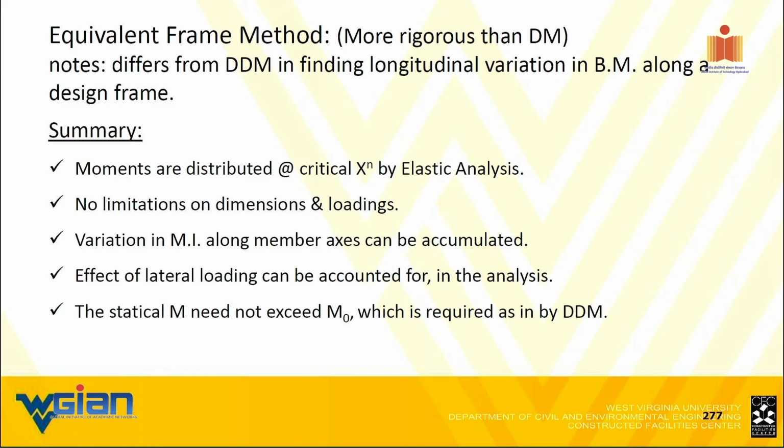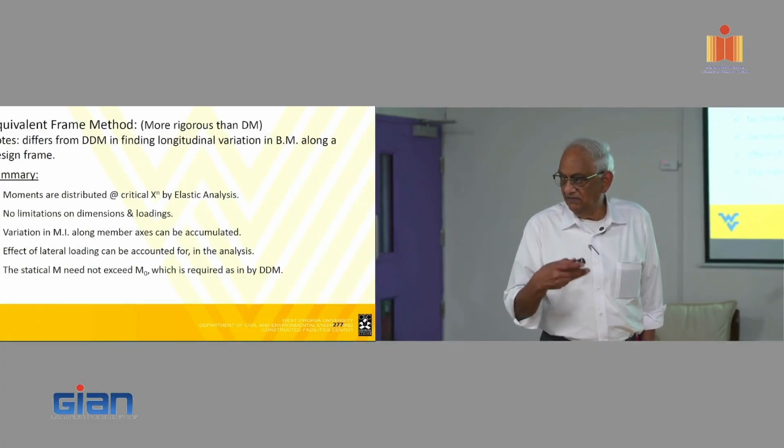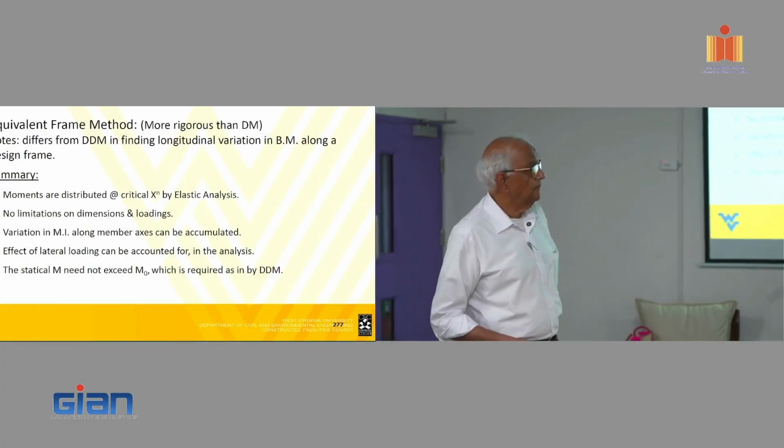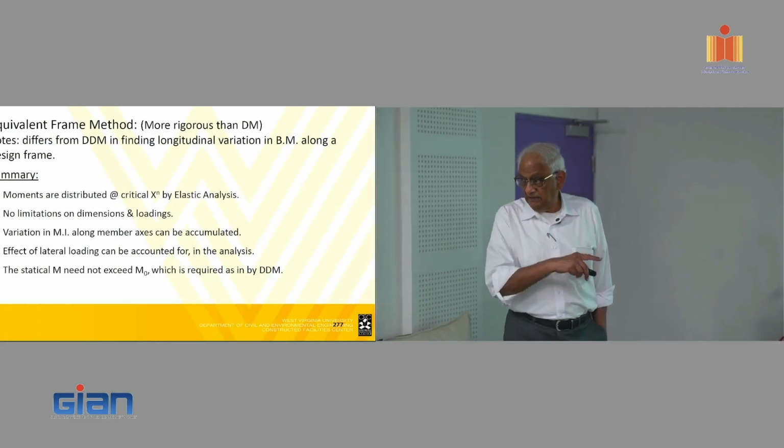That statement in the parentheses implies that DDM was only good for a uniform load type. But here we can have concentrated or triangular loading, whatever, and it is still valid. And lateral loads are allowed in this method, not the previous one.